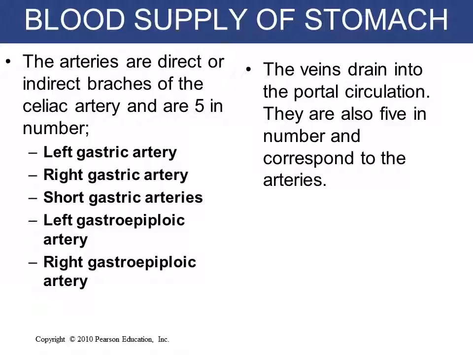We have the left gastroepiploic and right gastroepiploic arteries that supply the greater curvature of the stomach, and the veins that drain the stomach go into the portal circulation, and they are also five in number and correspond to the arteries.